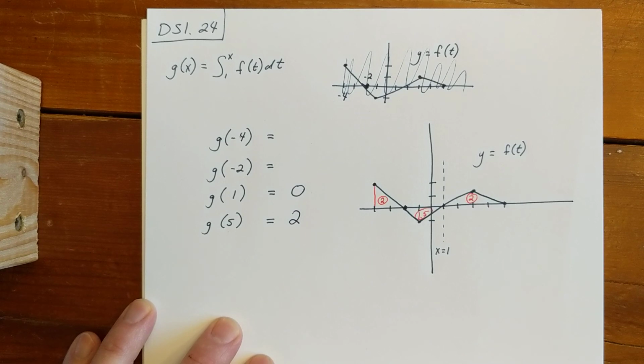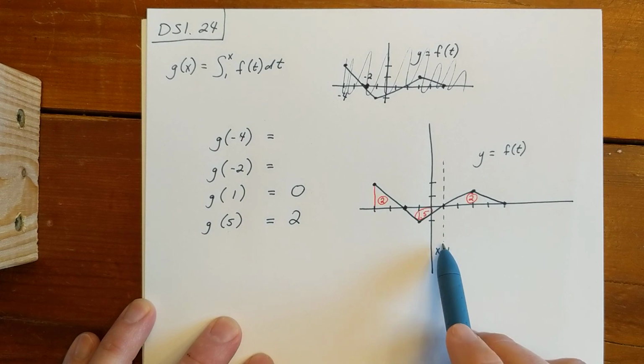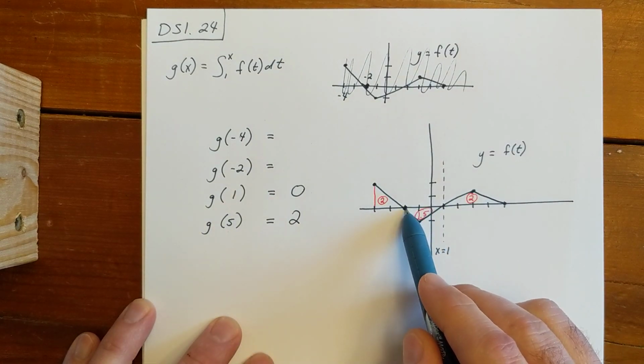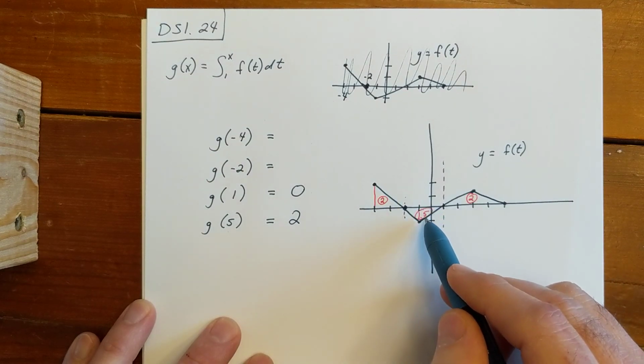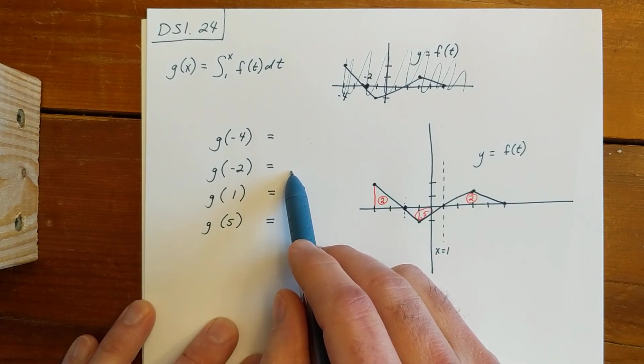So that area, because it's above the x-axis, means that that value is going to be exactly 2. Now, as we move backwards from x equals 1 to -2, which is this line right here, we already measured that area at 1.5. Since that region is below the x-axis, it's tempting to make that a -1.5.